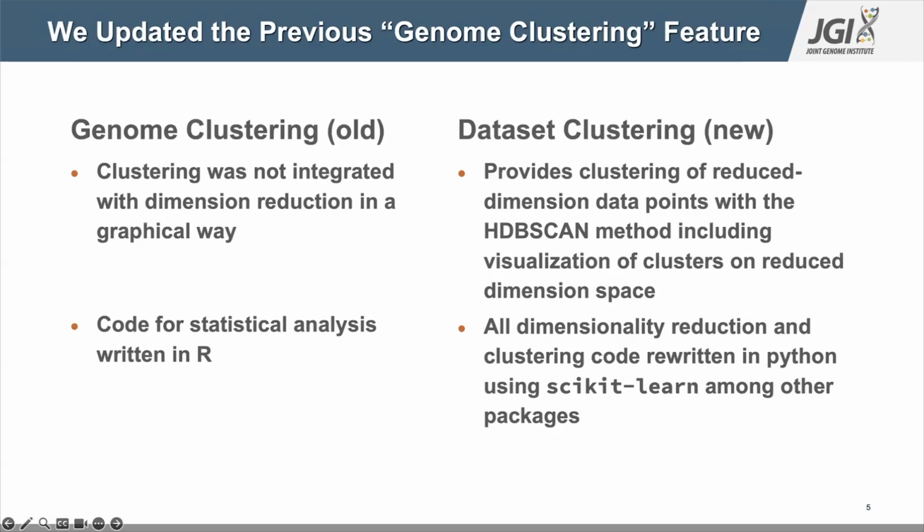Instead, the user was only provided with a dendrogram view of the clustering results. And in the new version, you can visualize the clusters produced by HDBSCAN directly on the reduced dimension space that results from the dimension reduction algorithm you selected. Finally, the code for the statistical analysis in the old version was written in R, and in the new version, we've rewritten the code in Python using scikit-learn, among other packages.